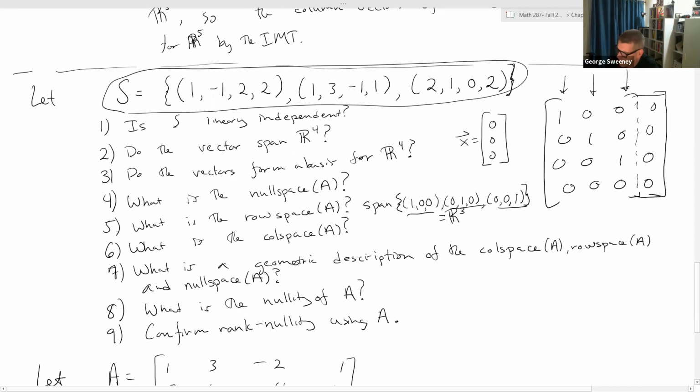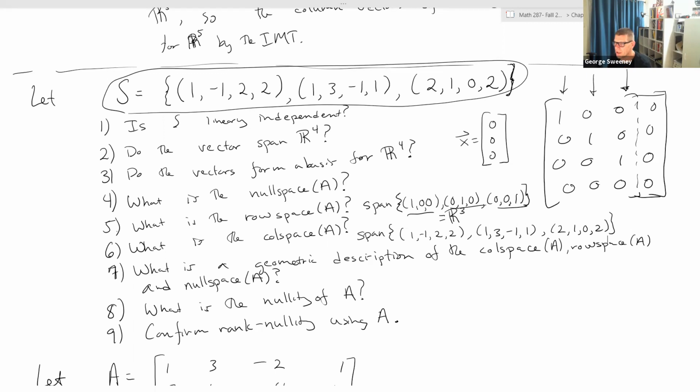And so consequently, all those vectors, that's the column space. So the column space of A, we can write as the span of 1, -1, 2, 2, comma 1, 3, -1, 1, comma 2, 1, 0, 2. And that's the column space.